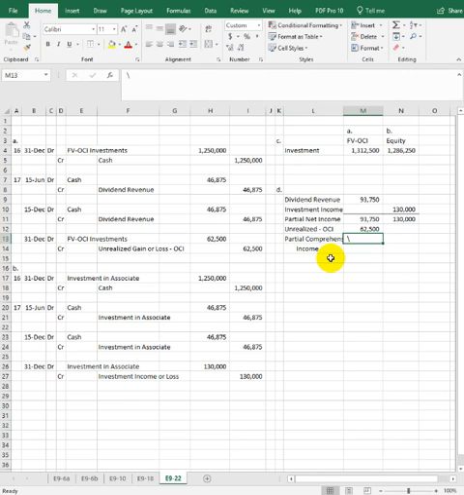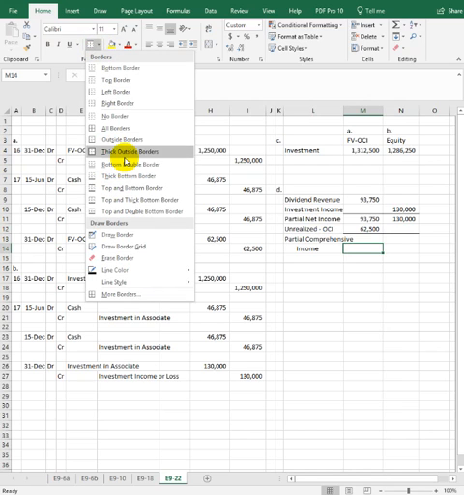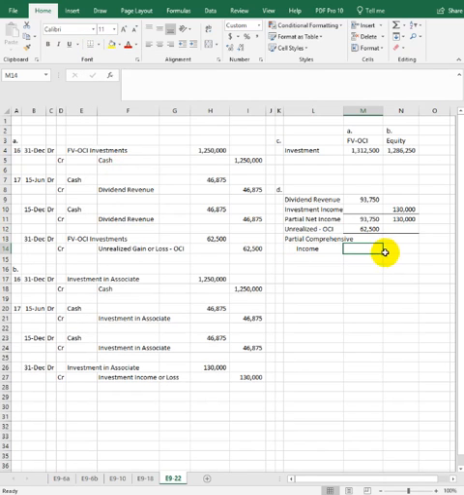No, don't do that. And put in the upper border in both lines. So we have to start here. And then we're going to put the bottom border, and of course it's right at the very bottom of the income statement, so we've got a double border there. Okay, so now we've got the formatting looking pretty good.